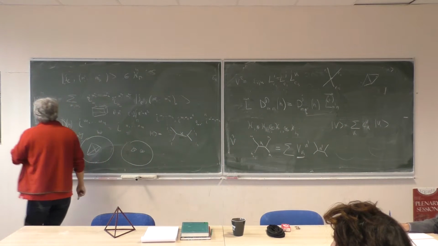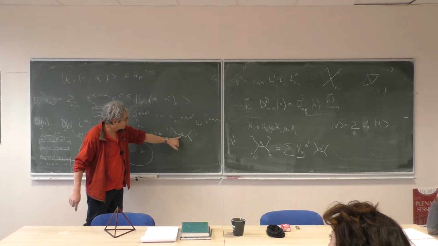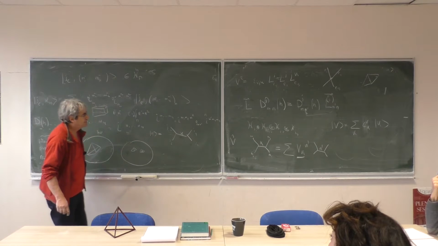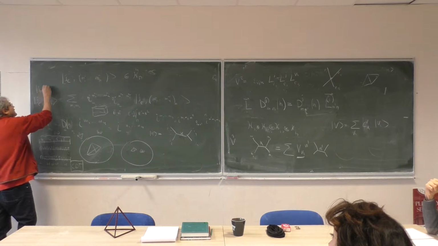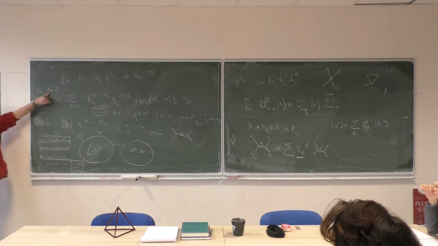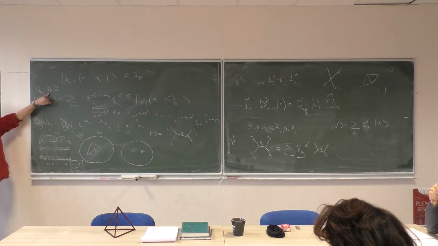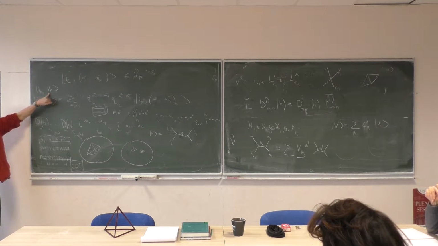And instead of using a basis where you have this basis here, you can use this basis there, |j, v, n>, where you have directly the eigenvalue of the volume. To do it explicitly is boring and complicated, and nothing interesting has come out from that.